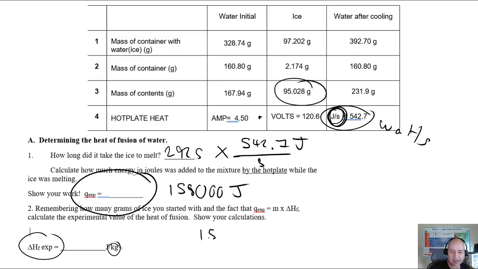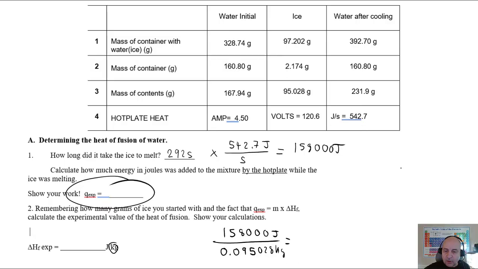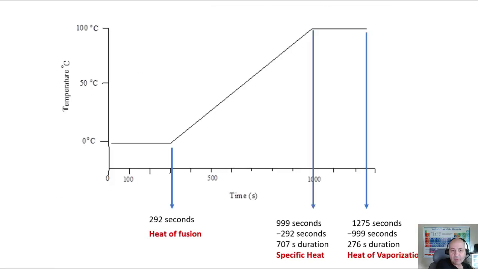So it's 158,000 joules divided by 0.095028 kilograms, which equals about 1,670,000 joules per kilogram, not per gram, per kilogram, and that would be the heat of fusion.